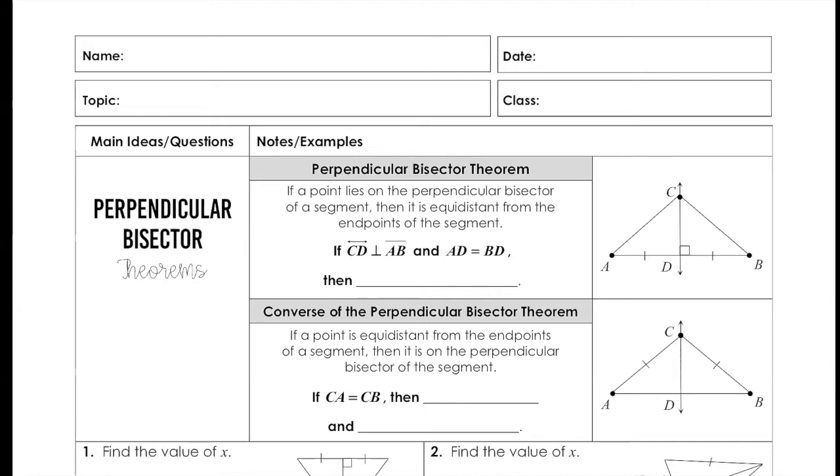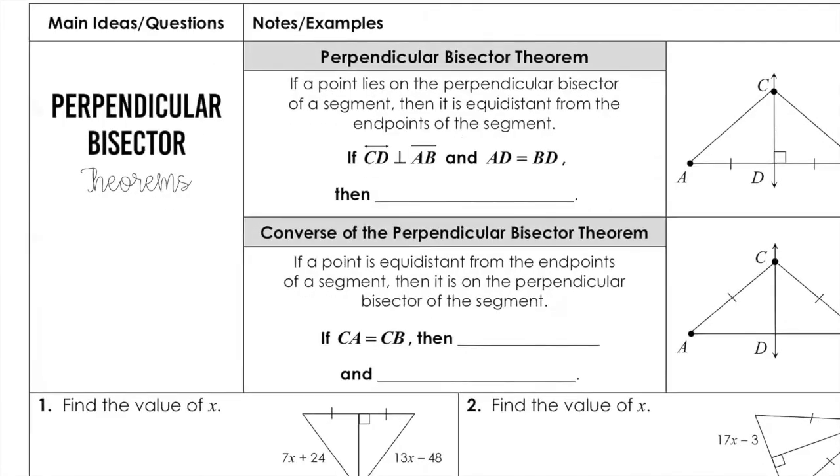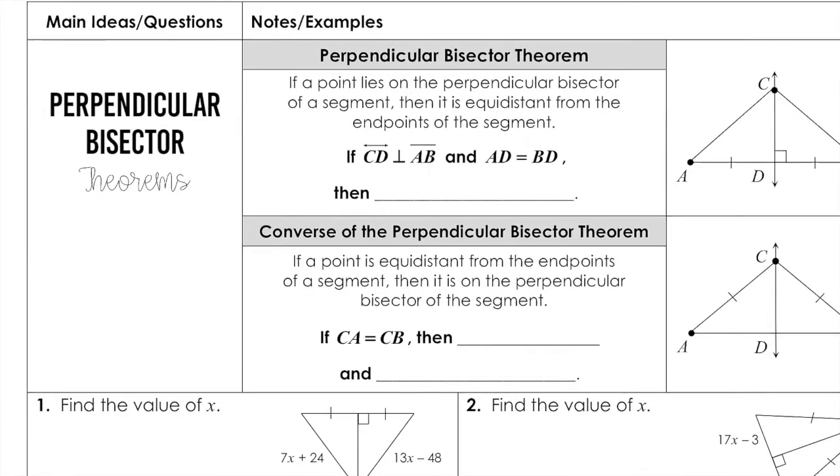Today, we're going to get a couple more theorems. We're going to get a perpendicular bisector. What does perpendicular mean? Intersects at what kind of angle? Right angle. Perpendicular lines intersect at a right angle. And what does it mean to be a bisector?